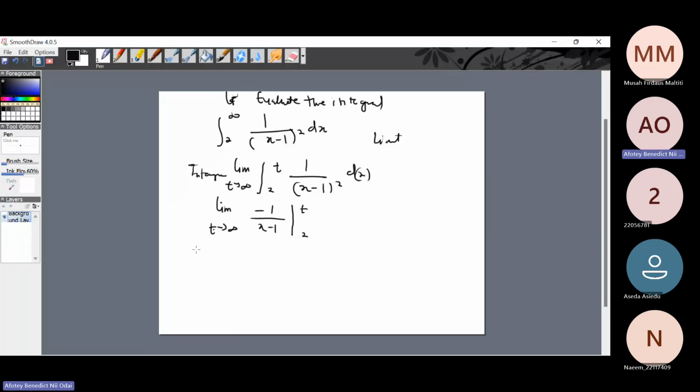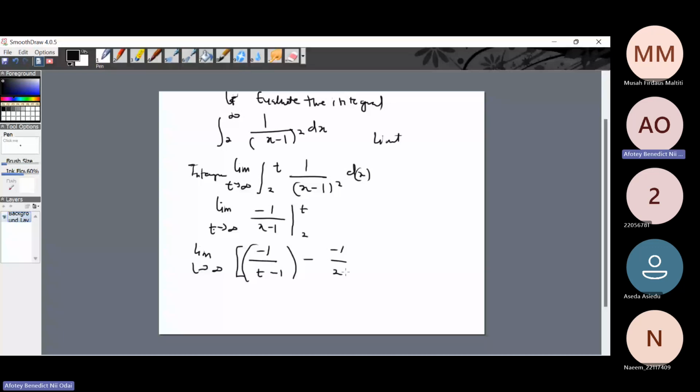Making the substitution, we have the limit as t approaches infinity of -1 on t minus 1, minus -1 on 2 minus 1.